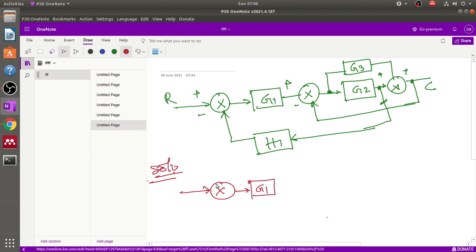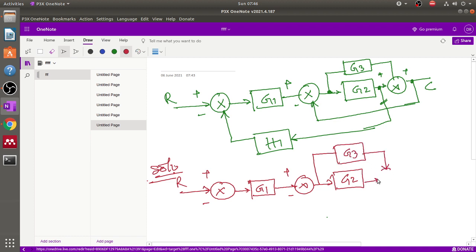This is G1, this plus minus, this is the signal R, this is all plus, this is minus, this is again G2, and this is again G3, and here these two signals, one is plus, another is plus, and here the feedback is present coming from the output.